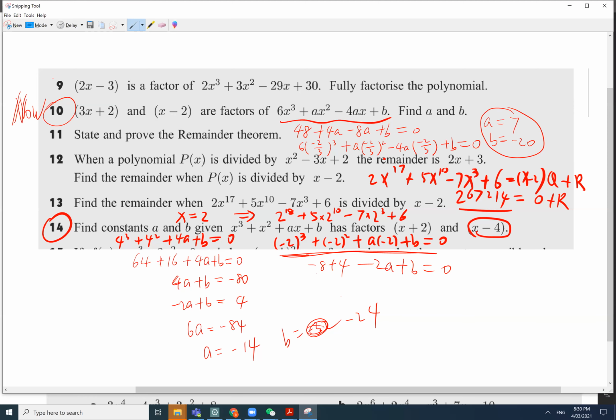Number 9. Divide. Oh, they told you factor. Long division. Long division, guys.